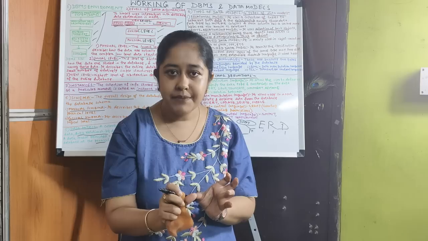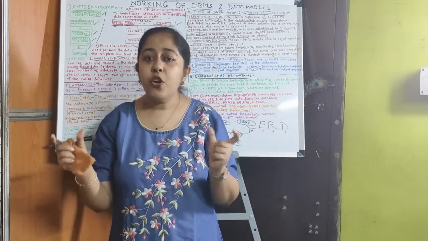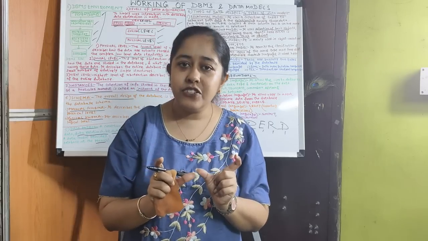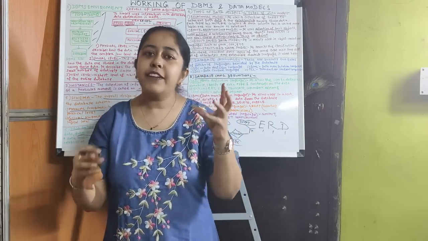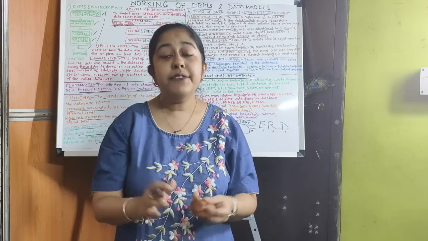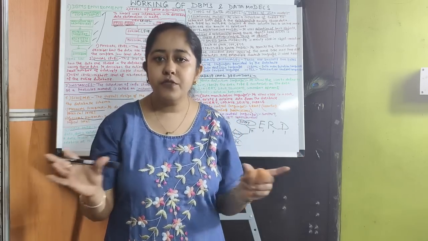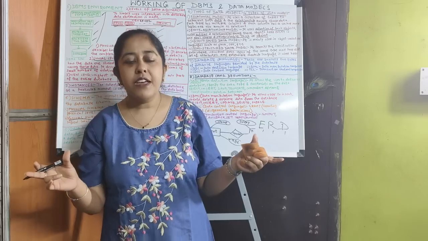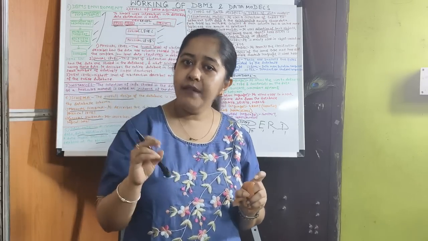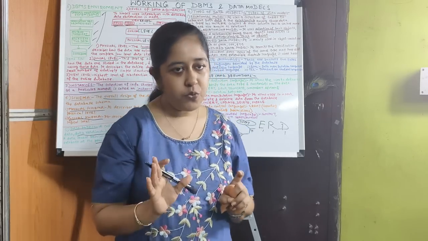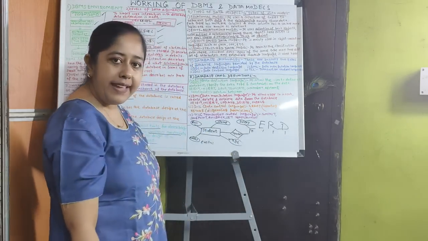If they are the same thing, suppose student 1 and student 2, you cannot make an entity relationship diagram between them because they are not distinguishable, and the attributes will be the same. But a student and a teacher are distinguishable and different, so you can easily make the entity relationship diagram of these two. This is what happens in the entity relationship diagram.